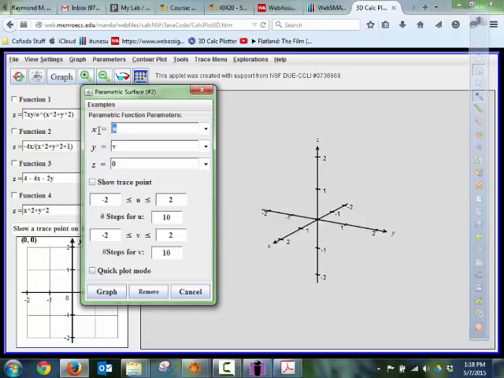Or I could switch it around if I want, but I'll just say u is r. So this would be r times cosine of theta, right? And then we have r times sine of theta. And then this is just plain old r, which is u.